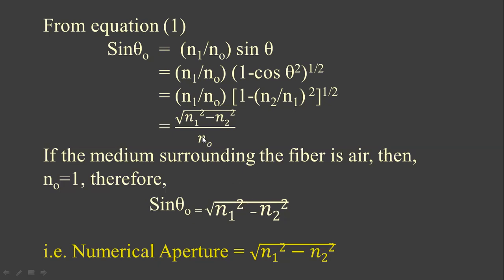So here this n naught goes to 1. Therefore we get sine theta naught equal to square root of n1 square minus n2 square. This sine theta naught is nothing but the numerical aperture by definition. So the numerical aperture is equal to root of n1 square minus n2 square.